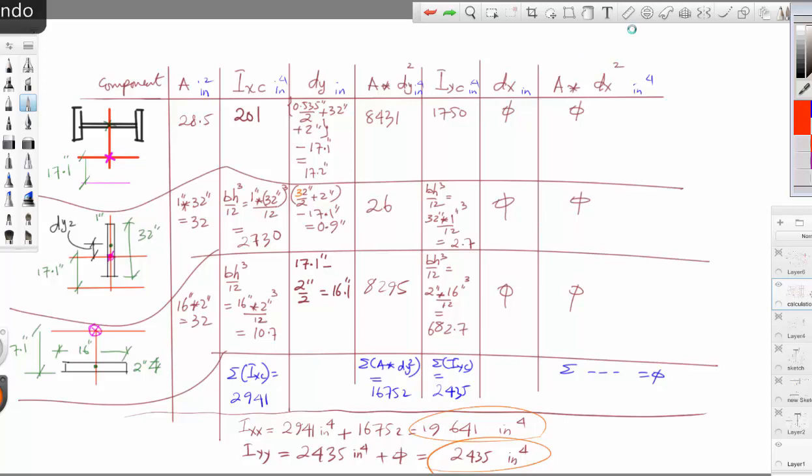So we'll use this template to do the calculation, but the important thing is to know the dy and dx distances.